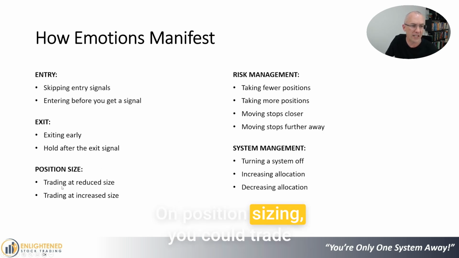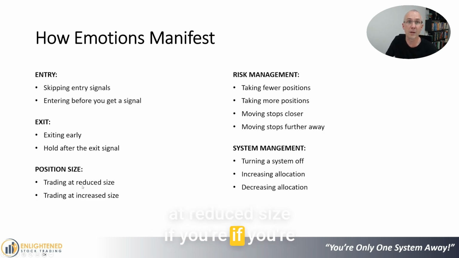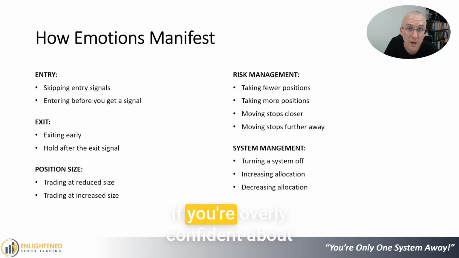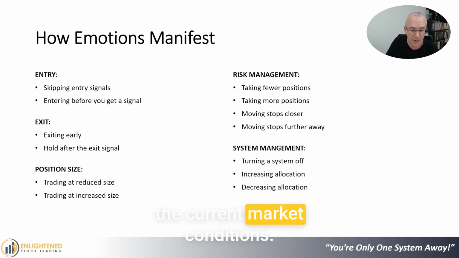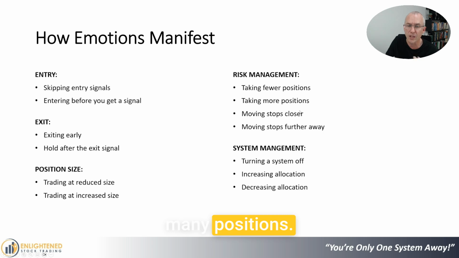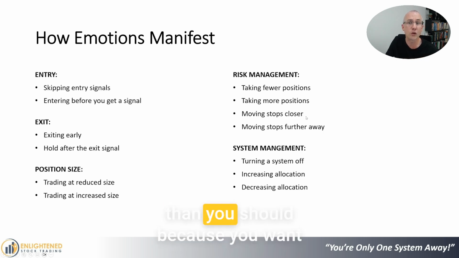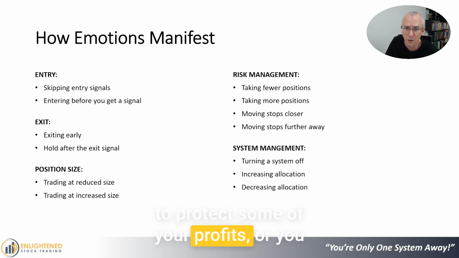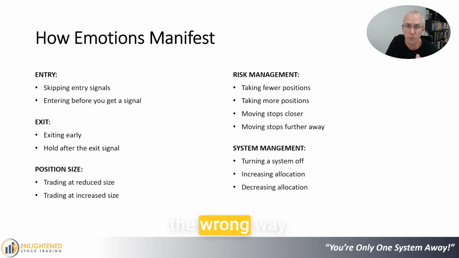On position sizing, you could trade at reduced size if you're fearful of the current conditions, or you could trade at increased size if you're overly confident about the current market conditions. Risk management, maybe you take too few positions or too many positions. Maybe you move your stops closer than you should because you want to protect some of your profits, or you are worried that the market is going the wrong way.